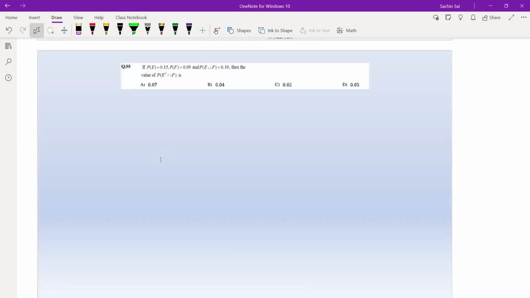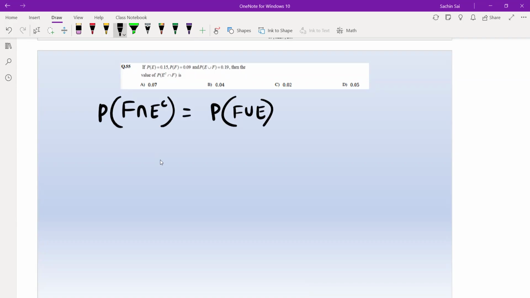Question 55. P of E is 0.15, P of F is 0.09, P of E intersection F. Okay, so here you have probability of F intersection E complement, which can be written as P of F union E minus P of E, right?